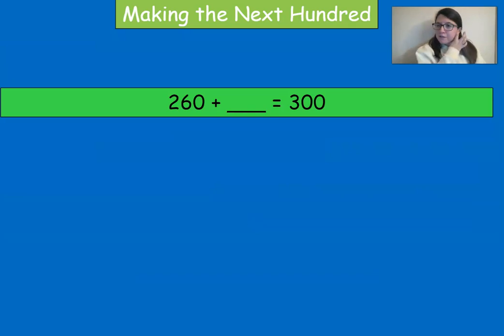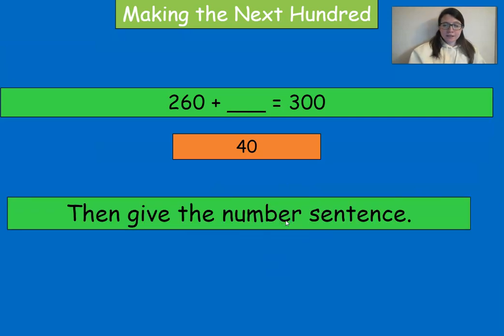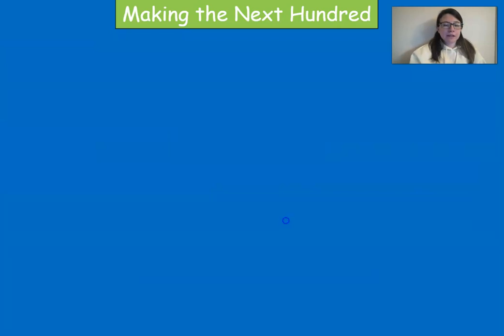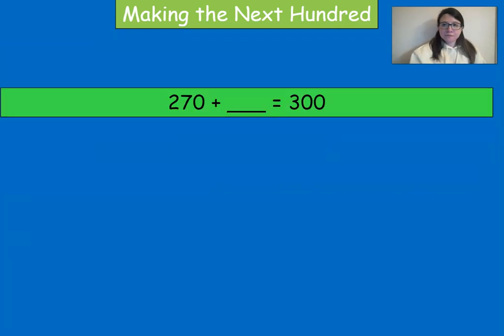Nice job. Oh, this one's a little bit different. We're still going to the next 100 though, so count by tens till we get to that next 100. 40, very good. Now tell me the number sentence. 260 plus 40 equals 300. Nice work. How many tens do we need? 3 tens are 30.